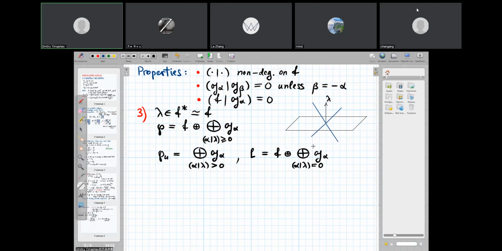Professor, a side question: since lambda and the root alpha both lie in the dual space, why don't we define the bilinear product in the dual space?